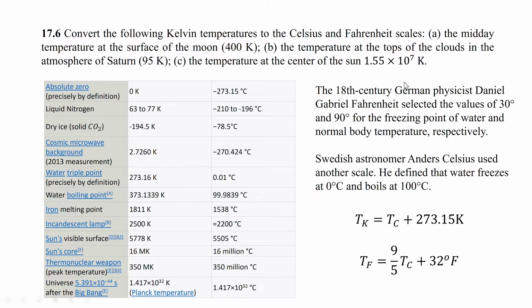Both of these definitions come just from history, so we have two different temperature definitions, but these two temperatures can be converted to each other. So here is the definition. If we know the temperature in Celsius and we want to calculate the temperature on the Fahrenheit scale, then we use this formula.